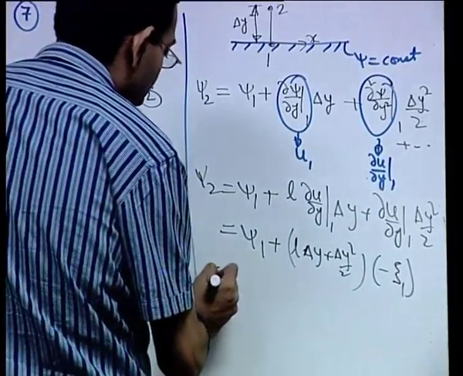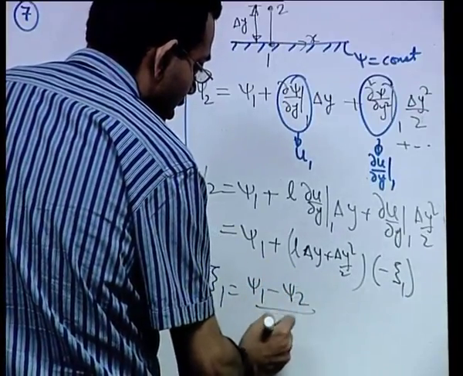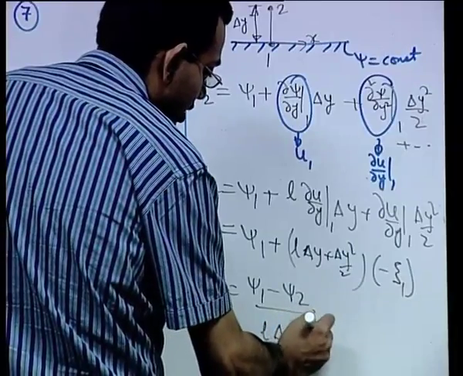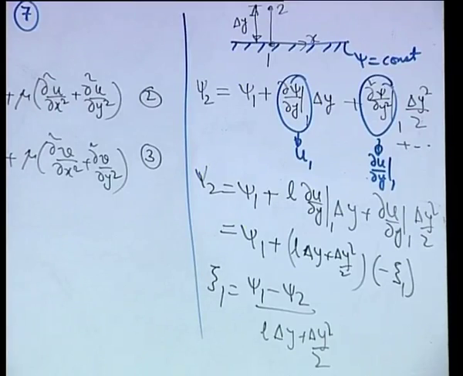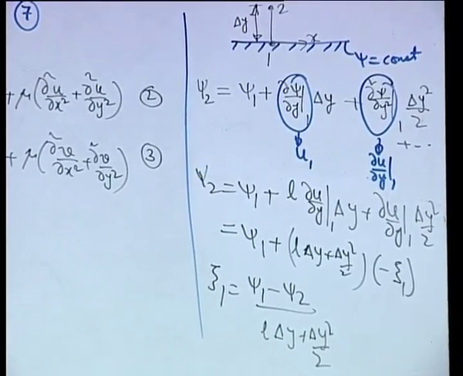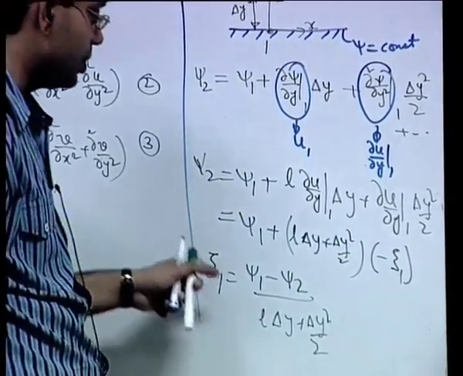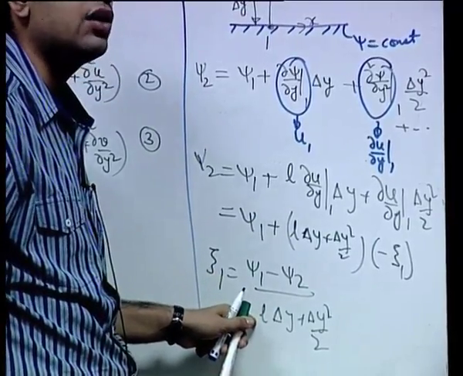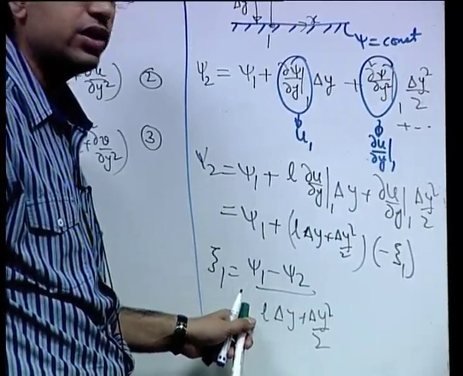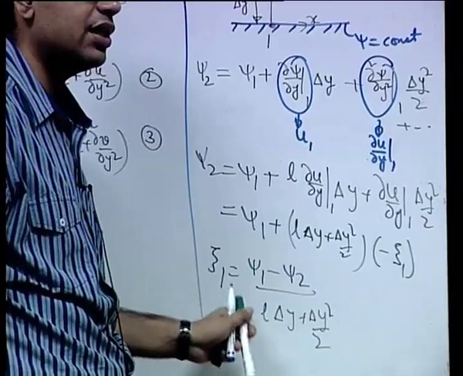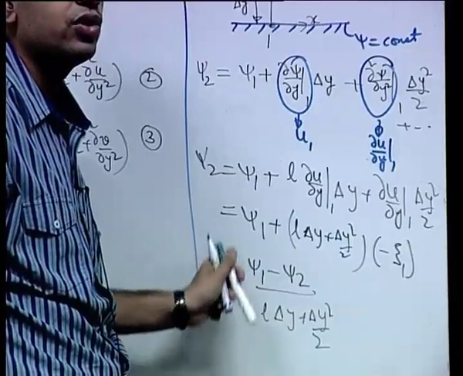So, zeta at 1 will be psi 1 minus psi 2 by L delta y plus delta y square by 2. This is more general than the case with no slip. For the case with no slip, L equal to 0, and if you put L equal to 0 in this formula, you will get back the corresponding vorticity stream function relationship at the boundary for the no slip condition.